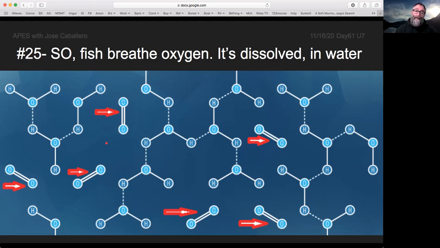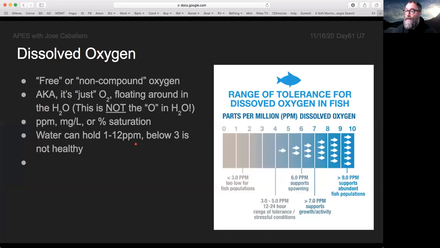And so H2O is the compound for water, yes, but pretty much all water has dissolved gases in it. This has come up a few times in our class already. And today we're going to talk about the oxygen that's dissolved in water, dissolved oxygen.